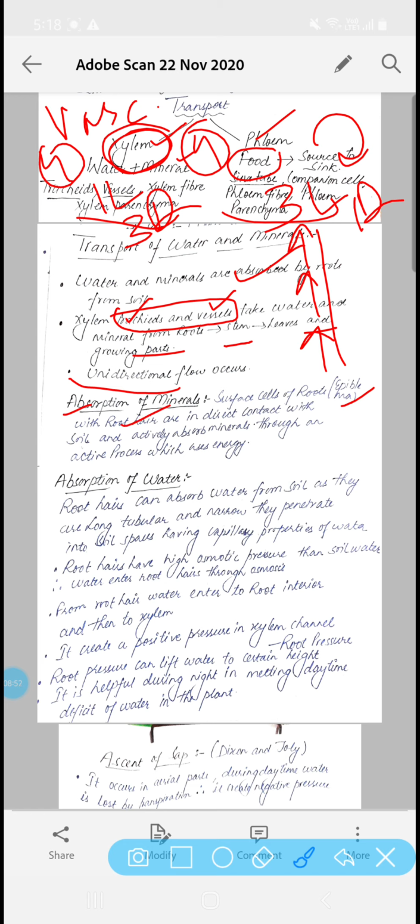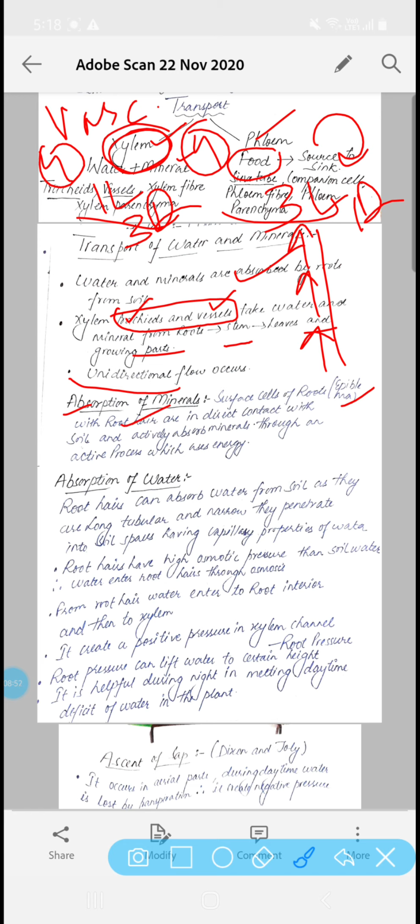Suppose this is the root and this outer surface is epiblema; epiblema gets modified into numerous root hairs. These root hairs basically absorb water and minerals.